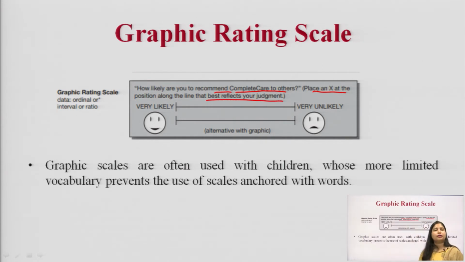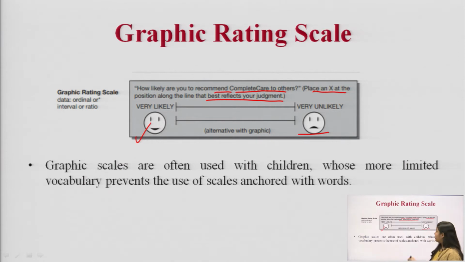If you like it, you would recommend that company to others, so you mark your response near this end, and if you dislike it or would not recommend it to another person, then you mark your response near the other end.